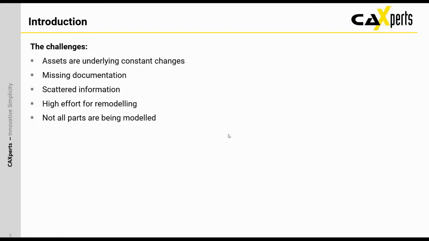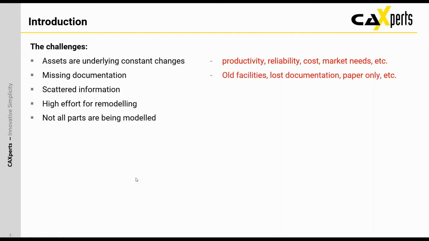So what does this mean in detail? First of all, what are the constant changes? What are reasons? Productivity raise, increase in reliability, saving costs, or adapting to market needs and similar. Old facilities, as I mentioned, sometimes documentation is lost or is available only in paper archives and similar.